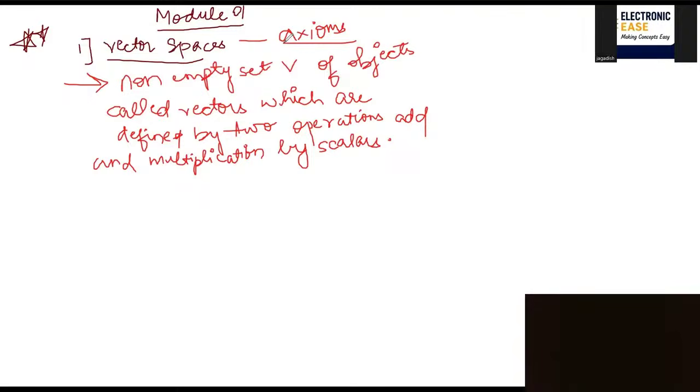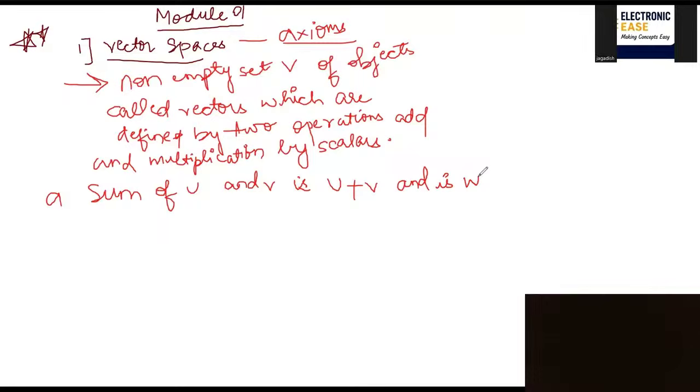So what is the axiom? The first axiom: the sum of u and v is u plus v, and the answer is w.